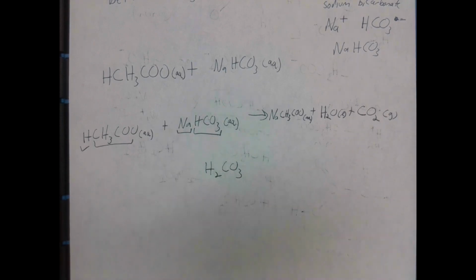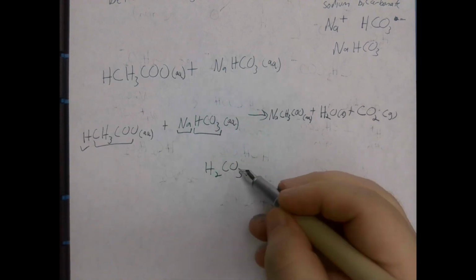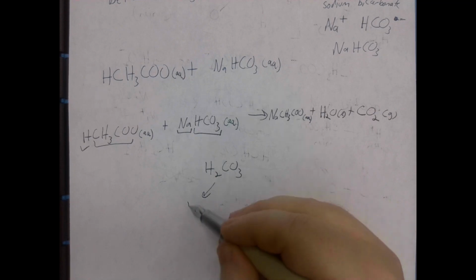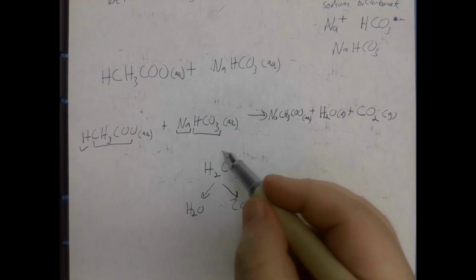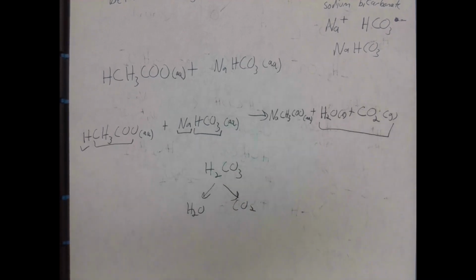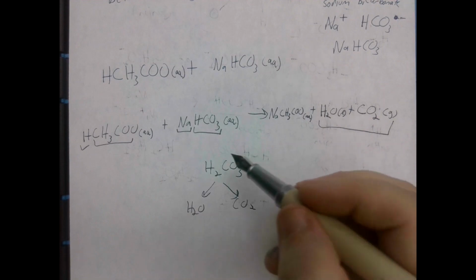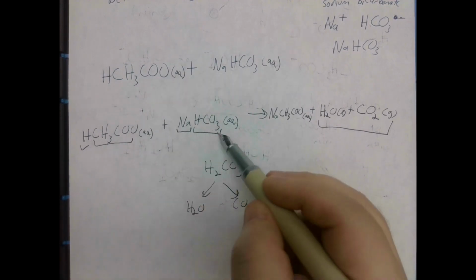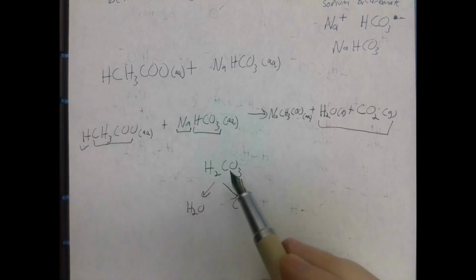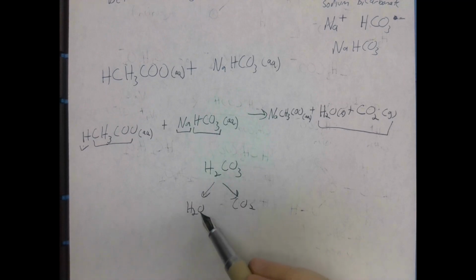Hydrogen carbonate is unstable, in which case we can break it into an H2O and a CO2. I haven't gone over determining whether or not this is stable. But if you do double displacement rules at least, you would see that swapping this anion with that cation, this anion with that cation, you would get sodium acetate and this, but this quickly breaks apart into water and CO2.